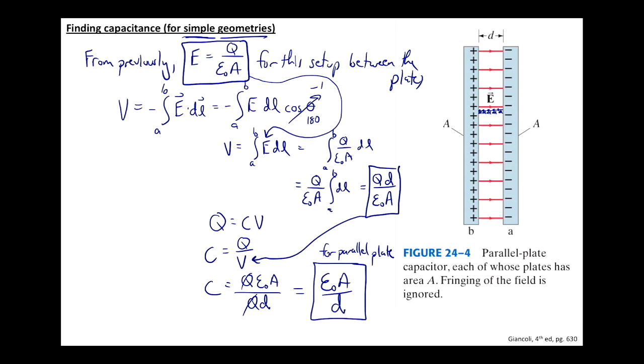That speaks to how close the plates are together. If they're closer together, there's more of an effect from the charge on the other plate, which means it operates better as well. As I spread them apart, if they get far enough apart, I don't really have a capacitor anymore because one plate doesn't impact the other at all. They need to be somewhat close together, and the closer they are, the bigger the capacitive effect.